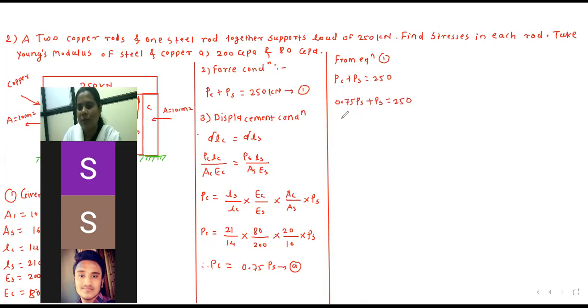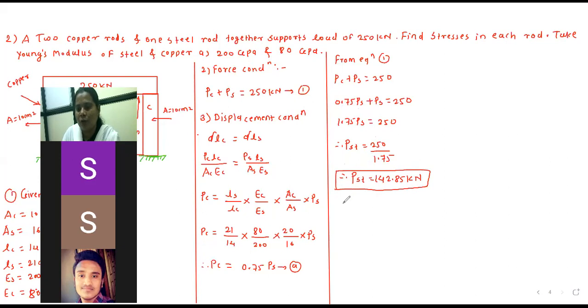So 0.75 plus 1 is 1.75 PS, which is equal to 250. Therefore, load in steel is equal to 250 divided by 1.75, which is 142.85 kilonewton. So that much load can be taken by the steel rod.